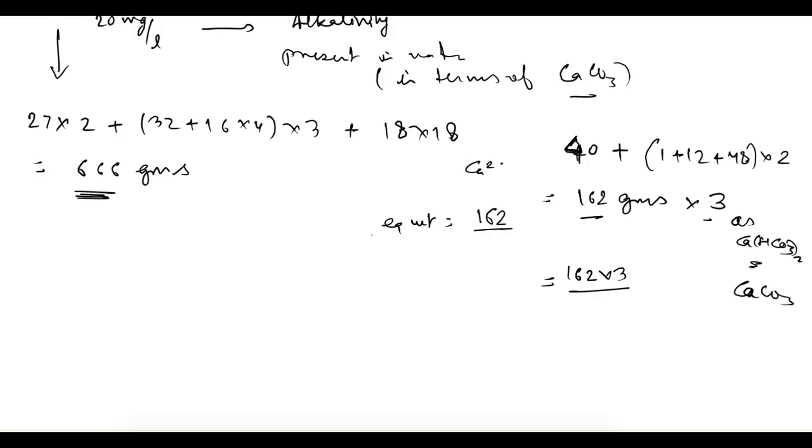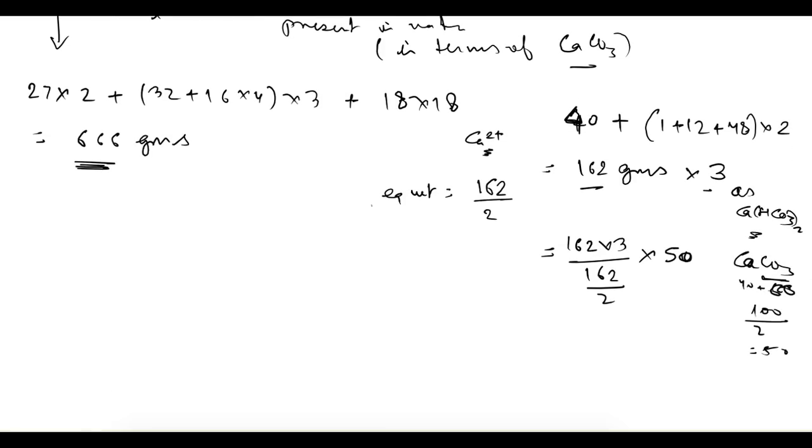Calcium ionizes as Ca2+, so the valency is 2. So we can put 162 by 2, multiplied by the equivalent weight of CaCO3, that is 50, because it is 40 plus 12 plus 48, that is 100, and 100 divided by 2 is 50. If you did not understand all this process, please check the alkalinity video, where I have talked about all this.